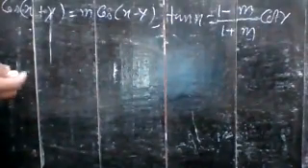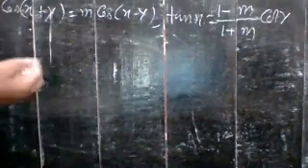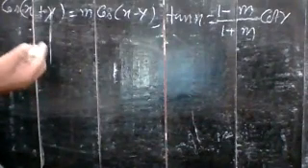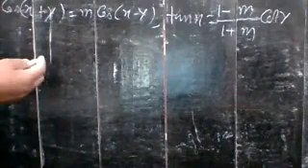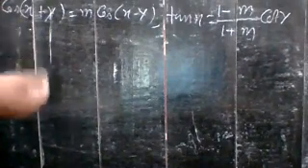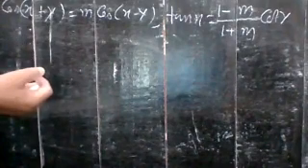You have to prove this result. Applying the same method, the cos terms are to be taken on one side, and then you apply componendo dividendo. Then you can very easily get your result.